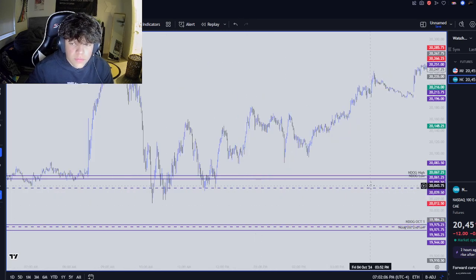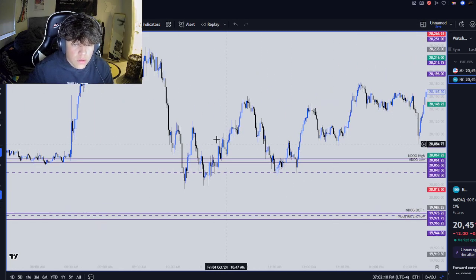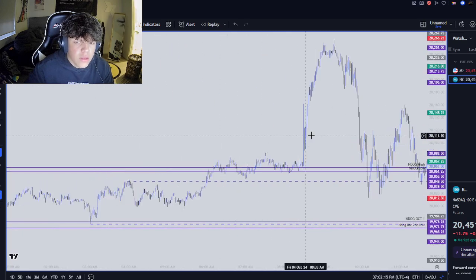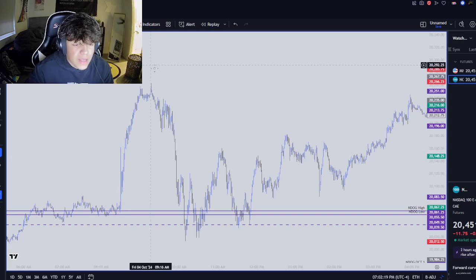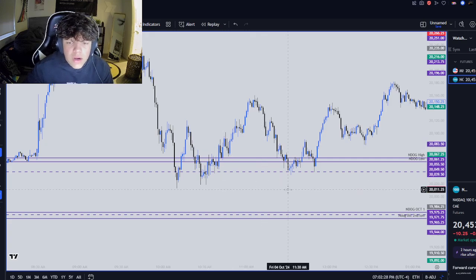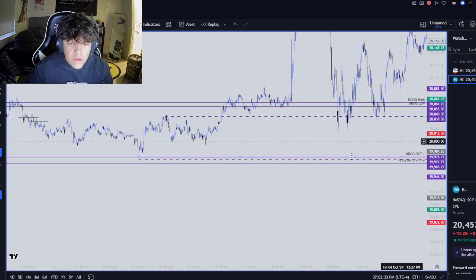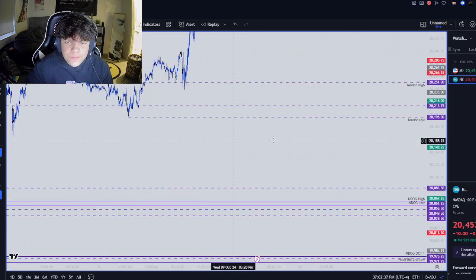So yeah, this is a better example right here. We're bullish for the day because we're trading above the London range. We get this massive move up here, which is probably some news that caused this. And then we get a retest on this London high right here, and we get moves higher off that London high. And I'm not going to bother going back and looking at it more.